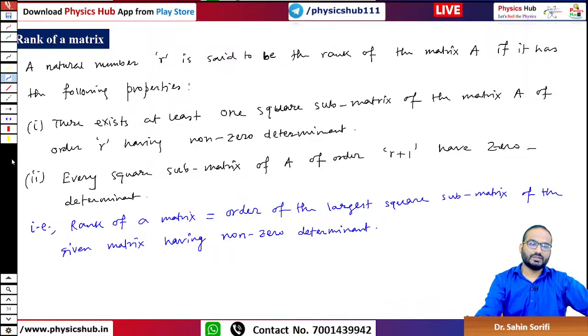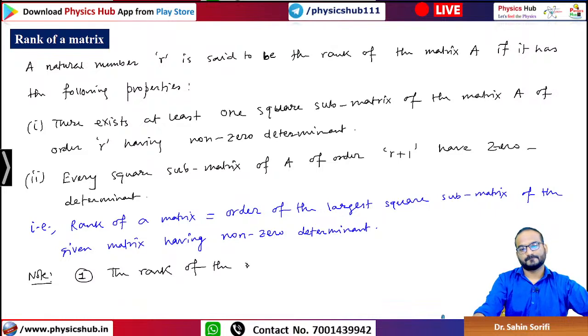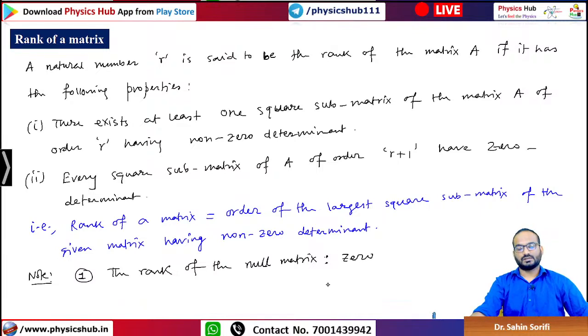Now some important notes about the rank of a matrix. If you have a null matrix, what is its rank? There is no submatrix having non-zero determinant, so the rank of the null matrix is 0.